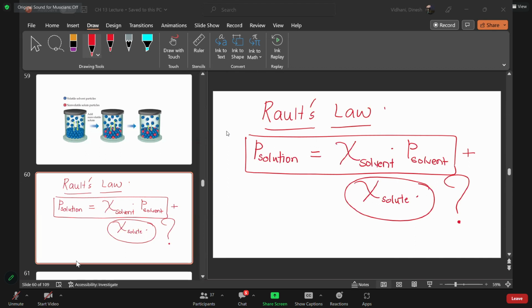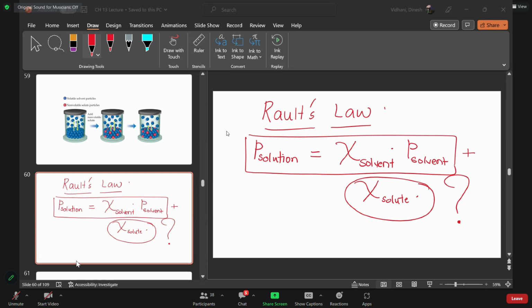Okay, now here's the thing. When you have two liquids which are making the solution, liquid 1 and liquid 2, both have their own vapor pressure. Am I right on that? Because liquids will always have their own vapor pressure. So the pure liquid A has its own vapor pressure, and the pure liquid B will have its own vapor pressure, right?